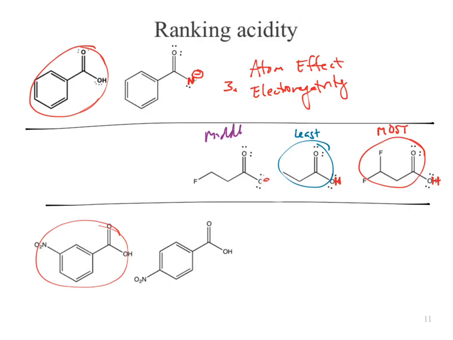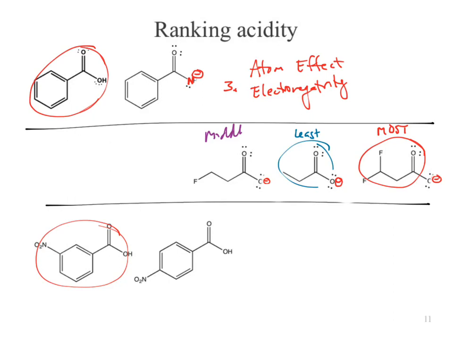We could again look at the stability of the conjugate base. Okay, charge. Same. Size. Electronegativity. Resonance. Induction. Not the same. Okay, so there is a difference in the inductive effect here.